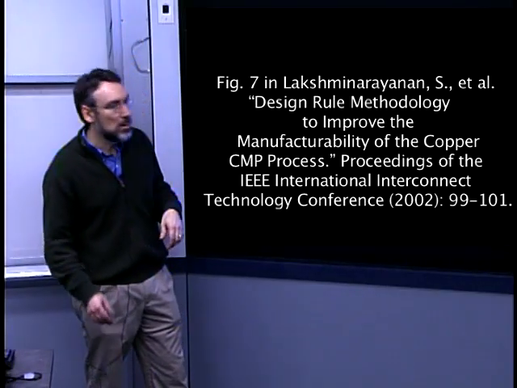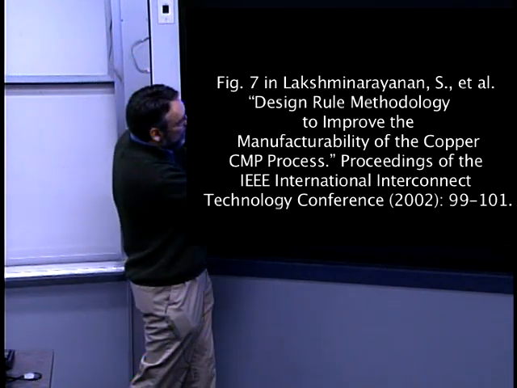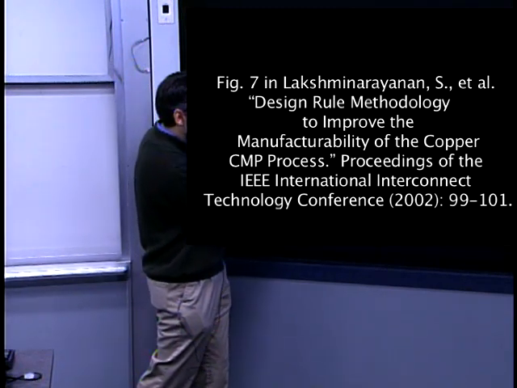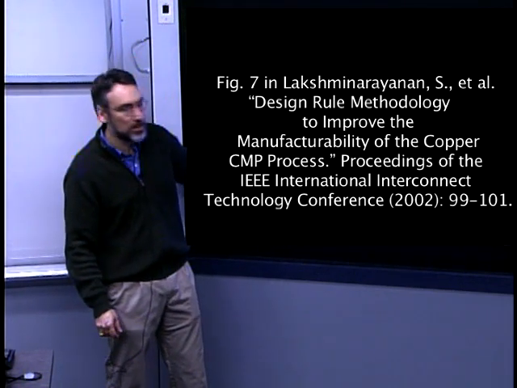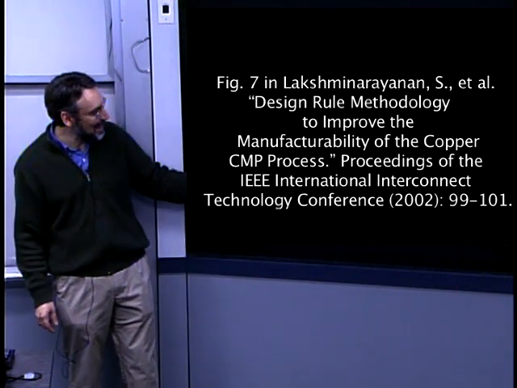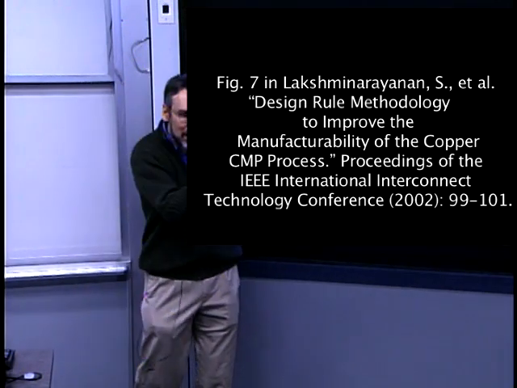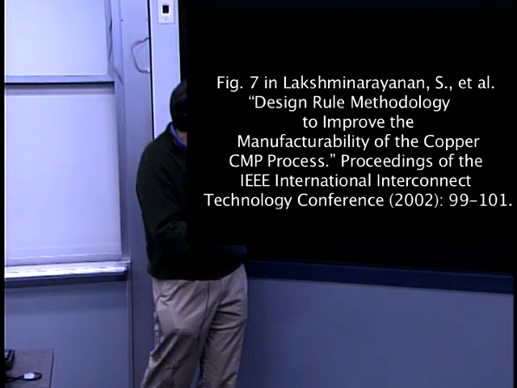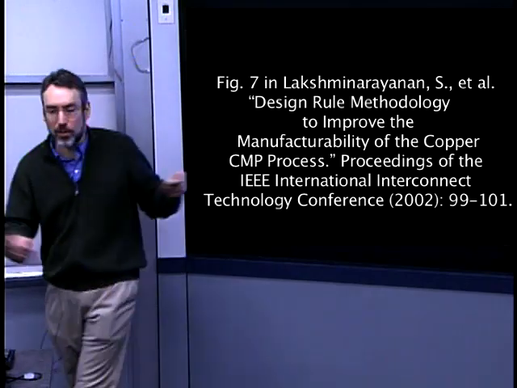And so in fact, this is some work from LSI Logic looking at the copper interconnect space and saying, okay, what region, what limits, what combinations of line width and line space can you have, and where are the boundaries because of some of these different physical effects? So for example, photolithography says I can't pattern smaller than certain dimensions. Dishing limits, that dishing down into wide features, says I can't have features wider than 10 microns. I'll dish them too much. So this is another way of coupling between design and manufacture.